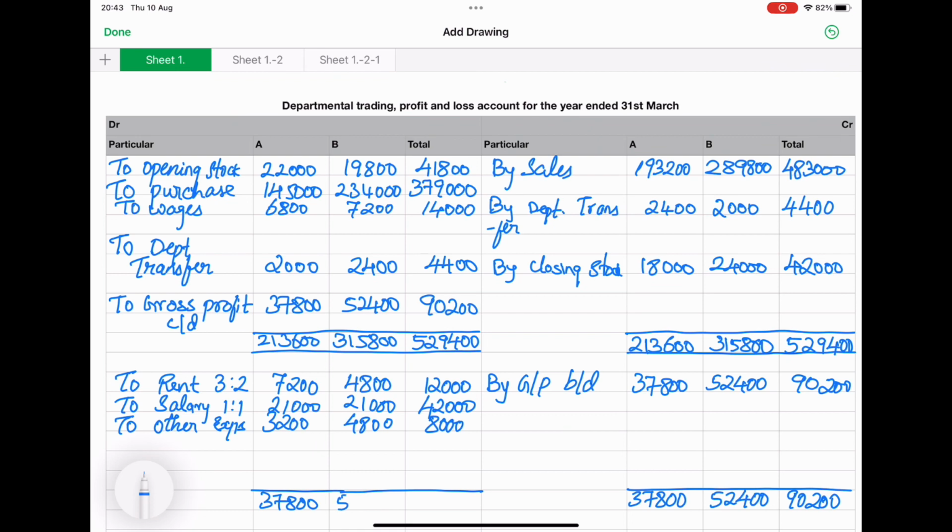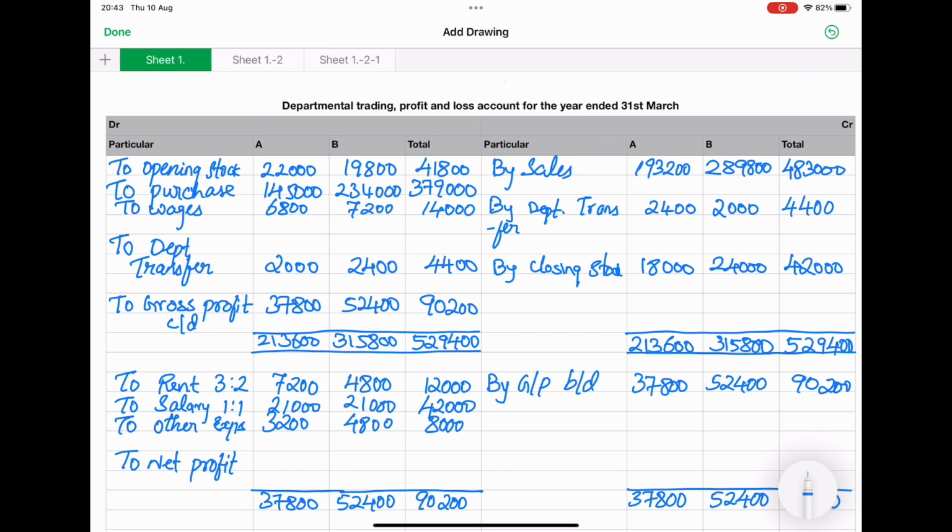If you minus these expenditures, you are going to get the net profit.